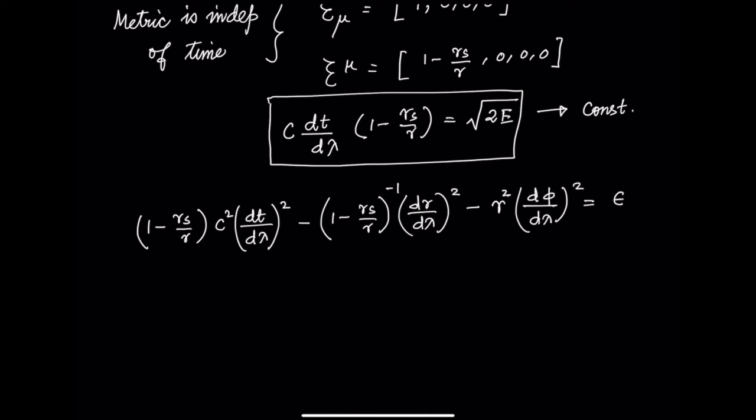What we are up to here by doing the trajectory calculations is that we want to see how the trajectory of the particle will be around a body which has such a solution. That's our goal. So let's see what we can do. Well, c dt d lambda whole square can be replaced from the previous line by 2E over 1 minus rs by r squared.